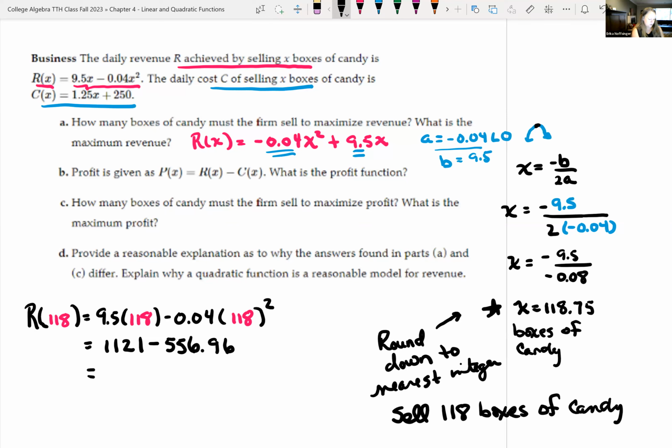So 1,121 minus that 556.96 gives us, oops, I subtracted a negative, right? But I should have just subtracted. Talking about money, our revenue would be $564.04 if we sold 118 boxes of candy.